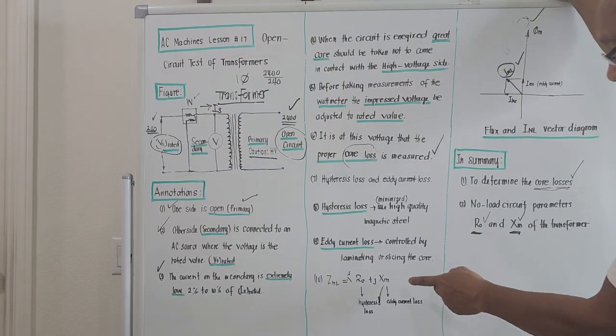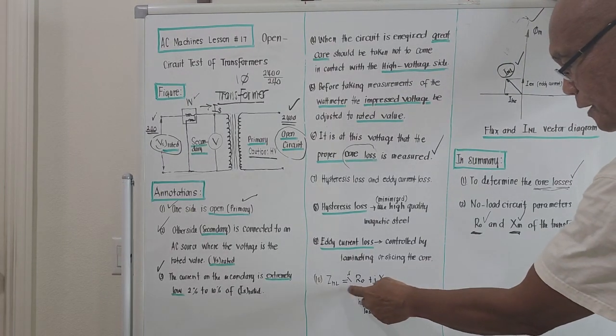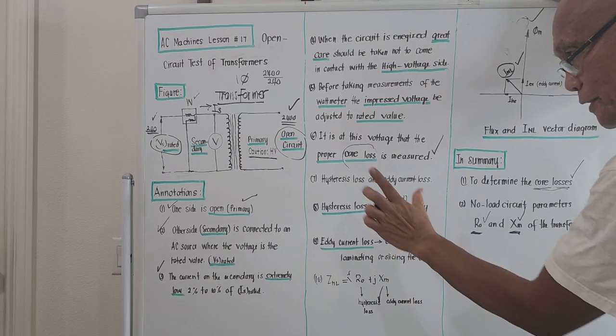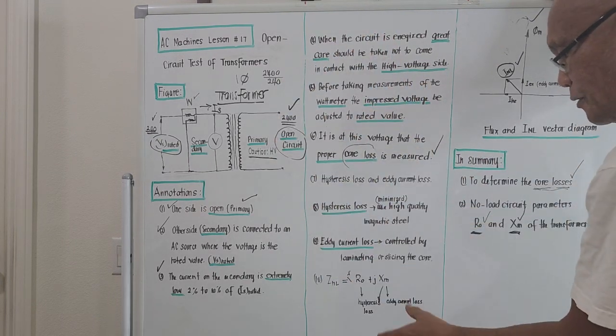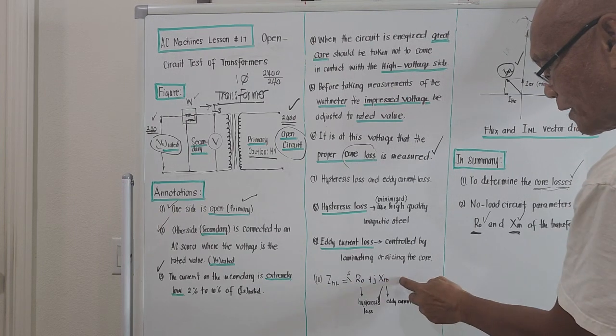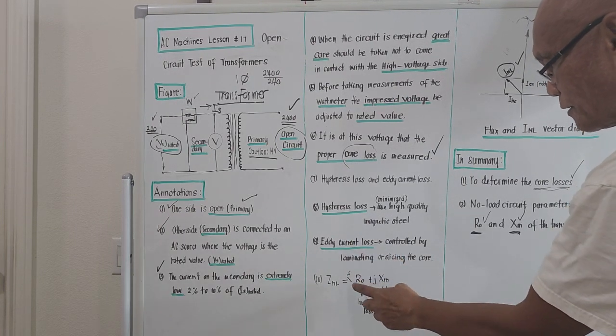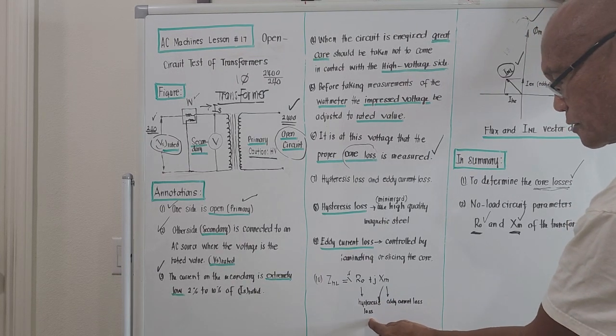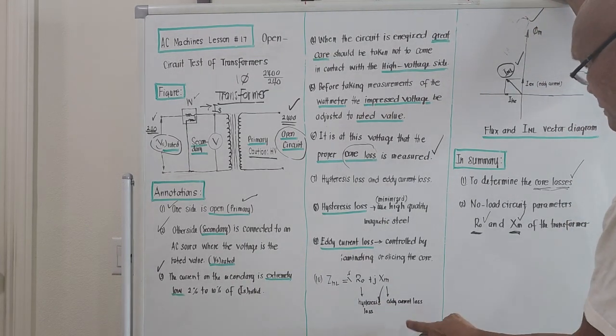And if you multiply this X of M by the square of the current, that is termed the eddy current loss. So under this open circuit test, we could measure R0 and X of M, and multiplying them by the square of the current represents the hysteresis loss and the eddy current loss.